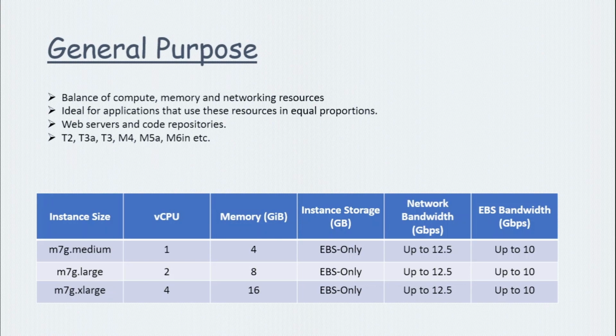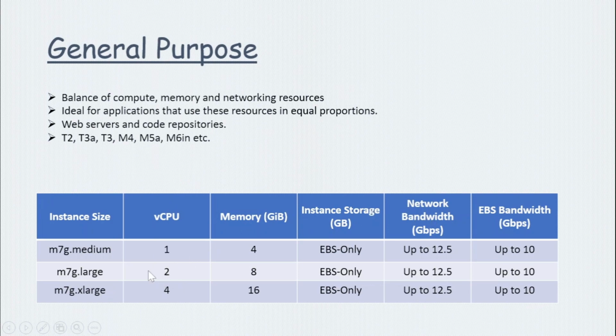That means applications which do not need more memory, more networking resources, or more compute, such as web servers or code repositories. If you see the configuration of these instance types, you can see there is a good, equal proportion of vCPU, memory, and networking also.